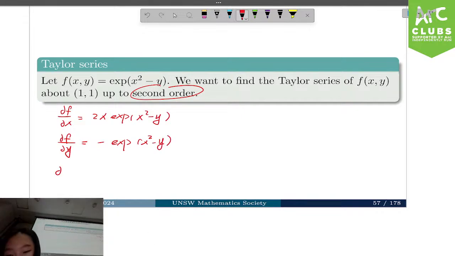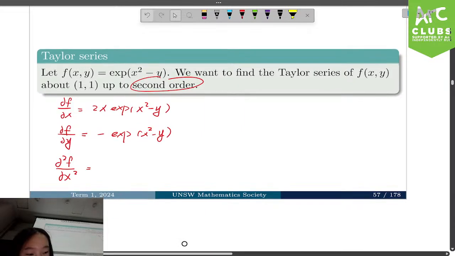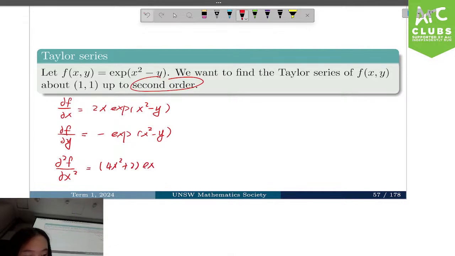Okay, and then also the second derivative with respect to x. You get (4x² + 2) times the exponential e^(x² − y). Wonderful.